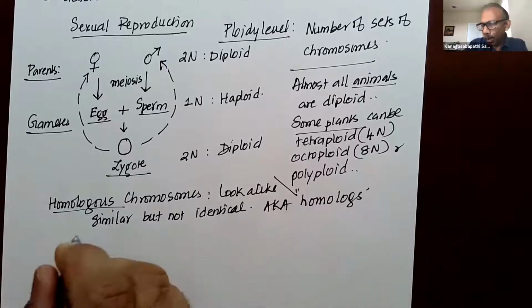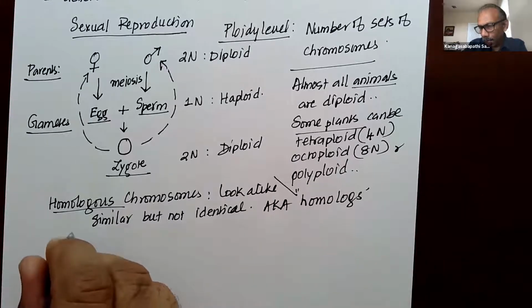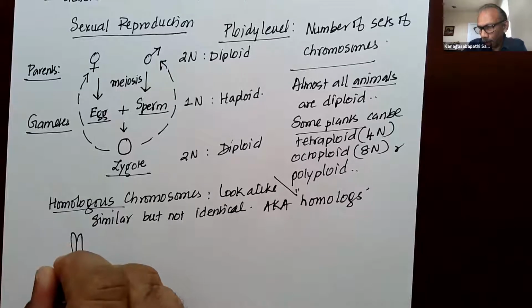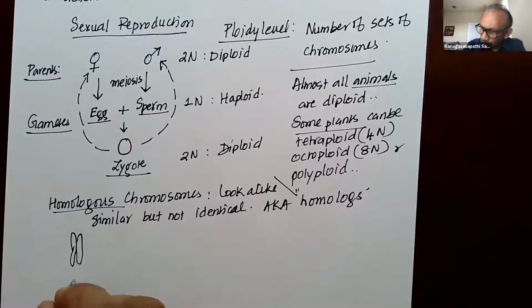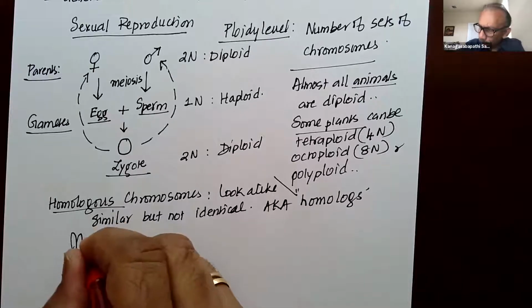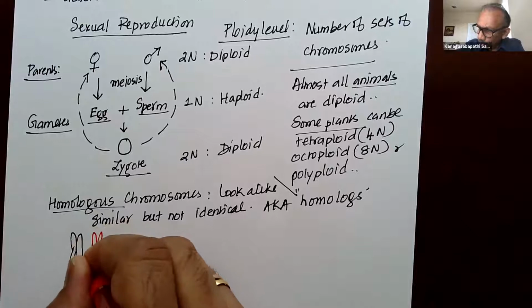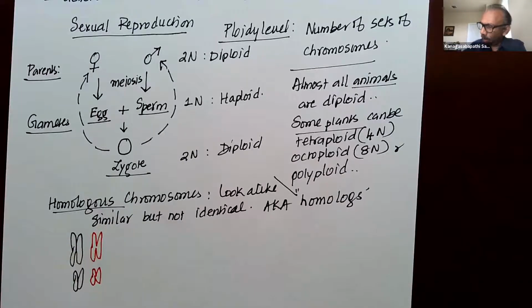You have DNA coming from one parent, and let's call these two DNA. You also have DNA coming from another parent. It's the same long chromosome and a short chromosome.